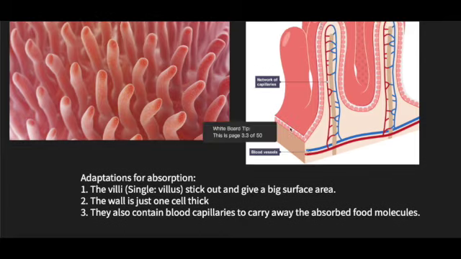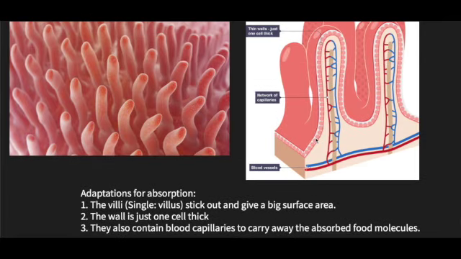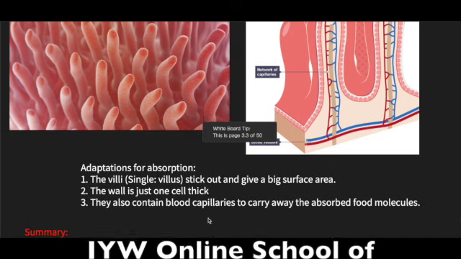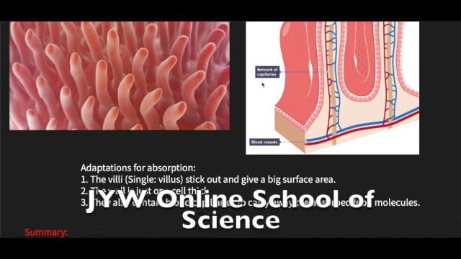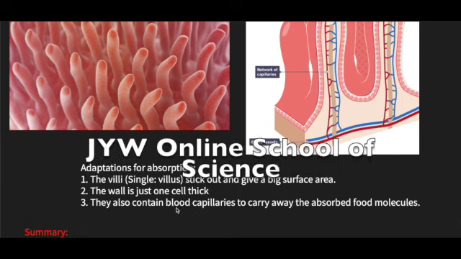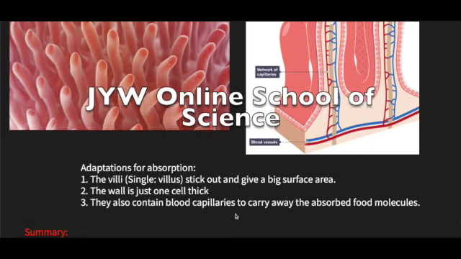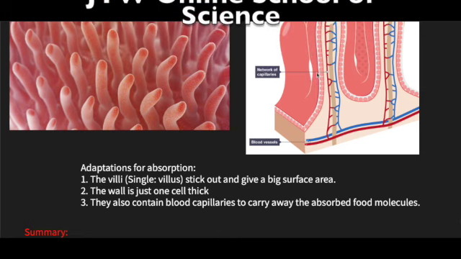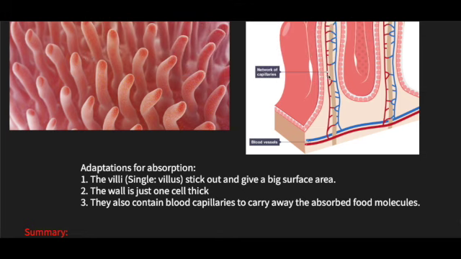It's only 1 cell thick. Can you see this wall? This is only 1 layer of cells. So 1 cell thick wall, very thin. And number 3, they have a very rich network of blood vessels, so that the food can go through this thin wall into the blood vessel.